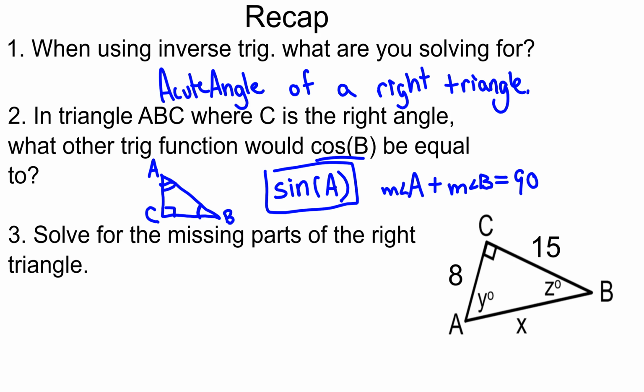And then finally it says solve for the missing parts of the right triangle. So we have to solve for all three parts. Let's do that fairly quickly here. Let's start with x, that is the hypotenuse of our right triangle. And we are given two other sides. So if we're solving for the third side, remember, if you know 2 to find the third, it's just a simple Pythagorean theorem problem. So we get this, 8 squared plus 15 squared is equal to x squared, because c is always the hypotenuse and x is the hypotenuse.